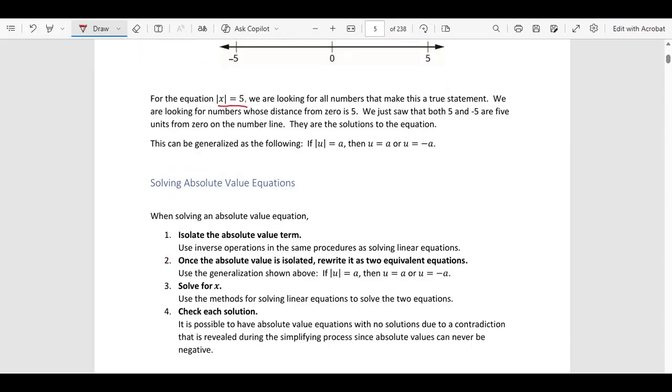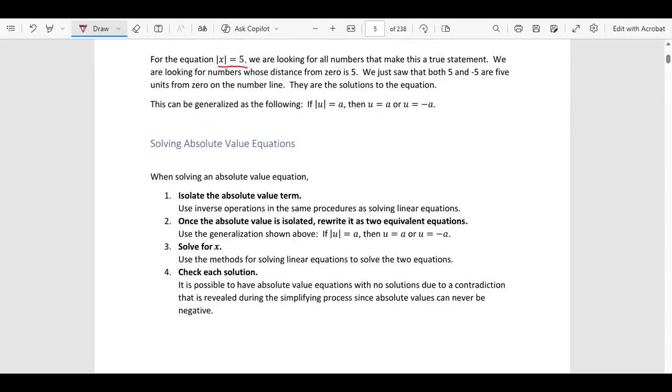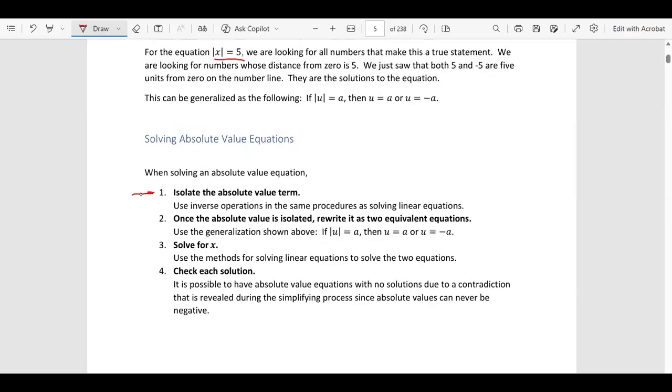So to solve any absolute value equation, first make sure to isolate the absolute value term. After you make sure that the absolute value is by itself on one side of the equation, that's the time to drop the absolute value. To drop it, you need to rewrite it as two different equations, one with the positive, one with the negative, without absolute value.